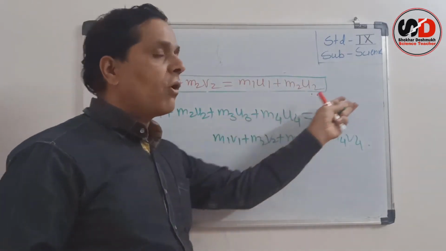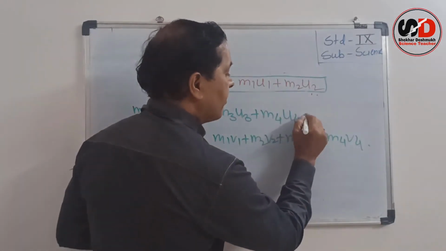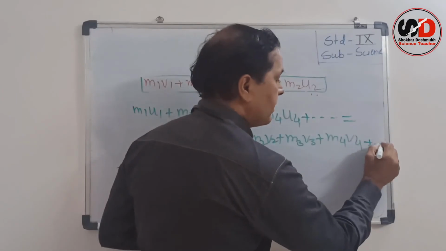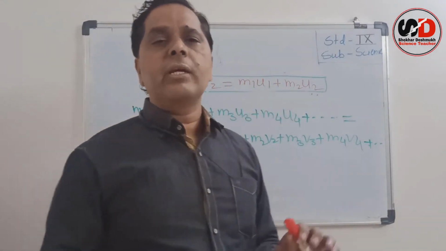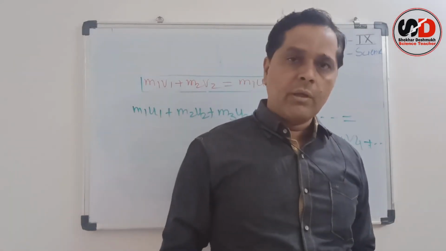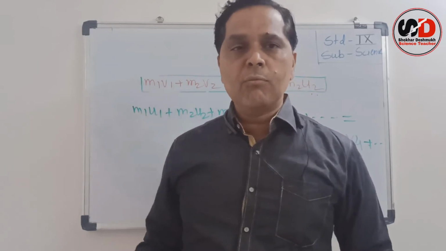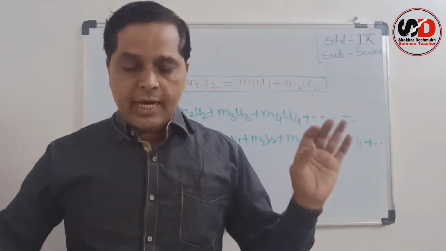We can extend it for many objects. Here, if we take plus dash dash dash, plus dash, so it is true for any number of interacting objects. Their initial momentum and their final momentum are always equal. They are same.